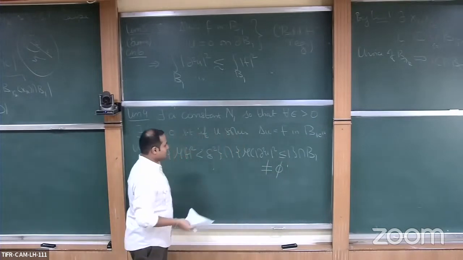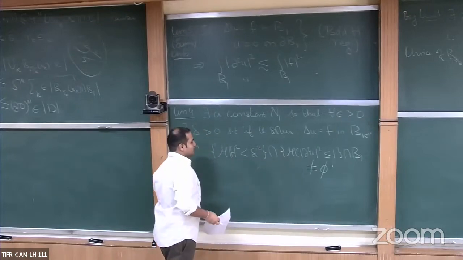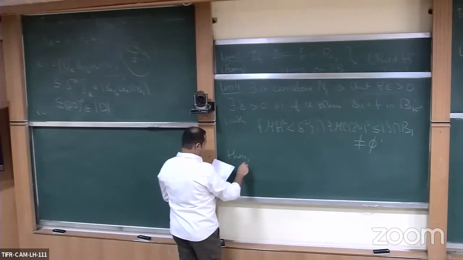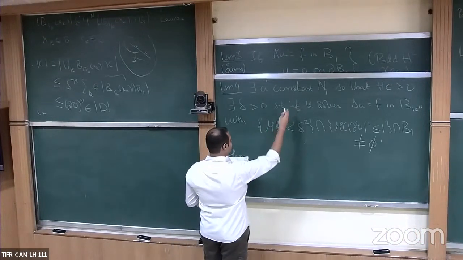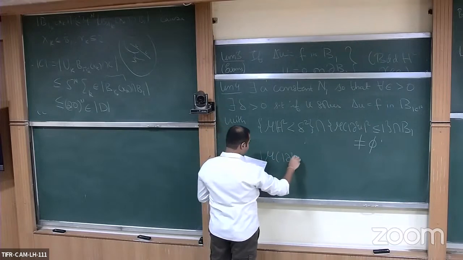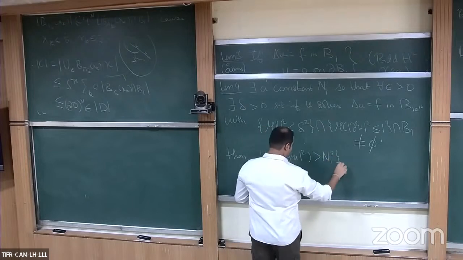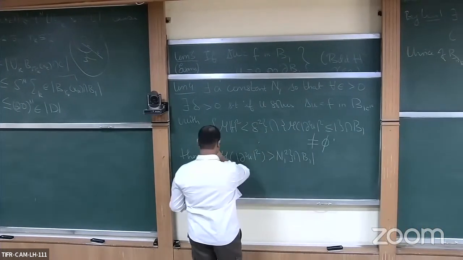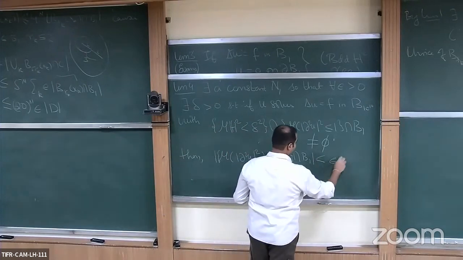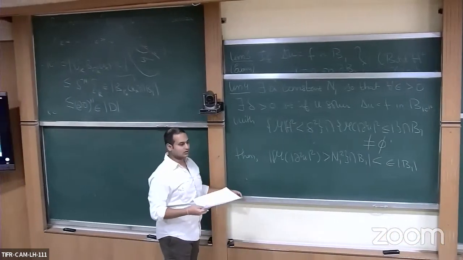If I have smallness in f and I have control on the curvature here, then it can't rise above this by too much in too large a part of the ball: E2u square greater than n1 square in B1 is at most epsilon times E1.